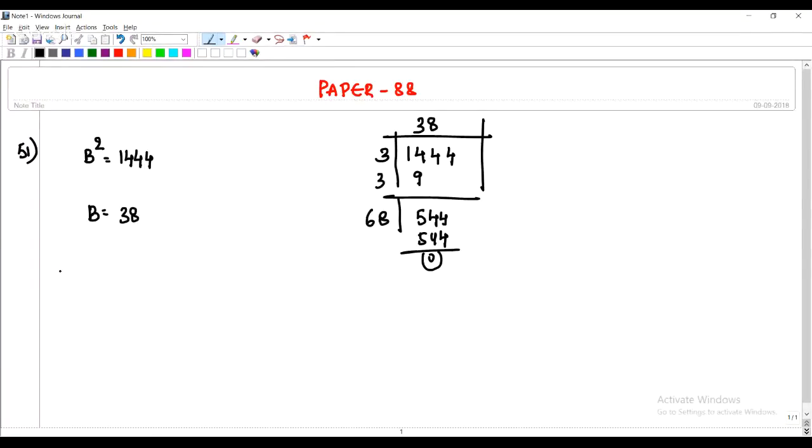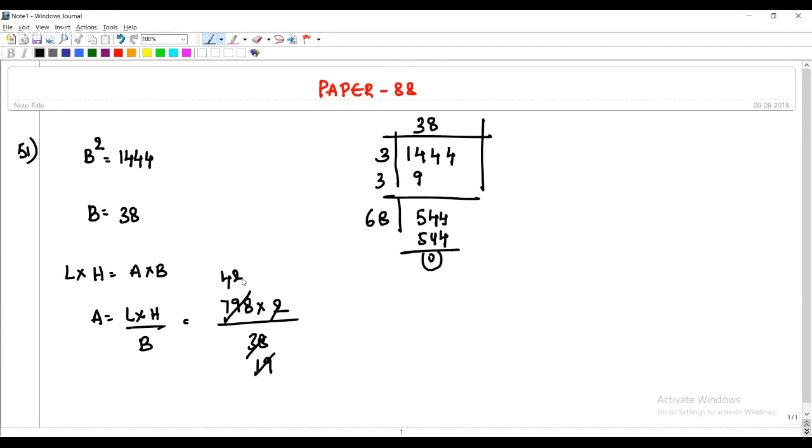I mean, LCM into HCF is equal to A into B. So age of A is equal to LCM into HCF by B, which is equal to 798 into 2 by 38. So age of A is 42 years.